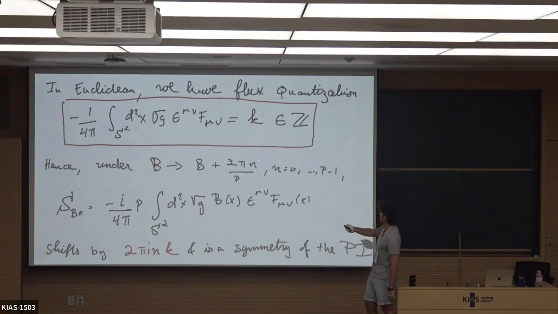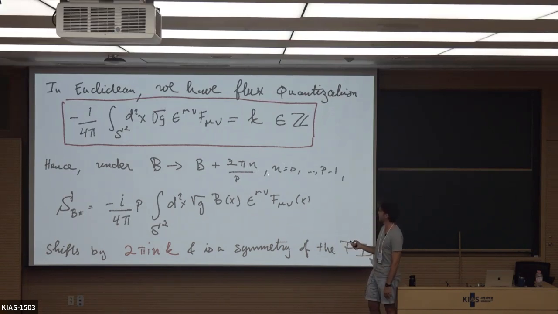And I want to specify that this global symmetry is only a global symmetry for n from 0 to p minus 1. Why is it only a global symmetry for n from 0 to p minus 1? Well, if n is p, then I get a shift of B by 2 pi. And we said that that was a redundancy.